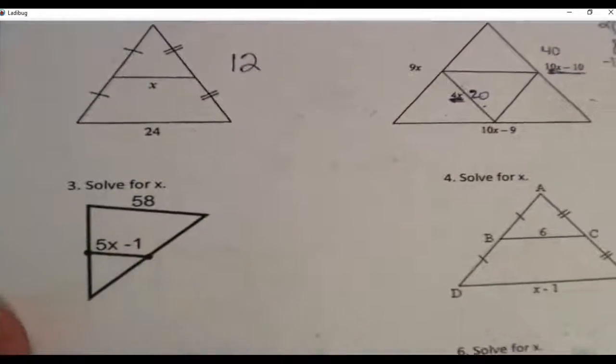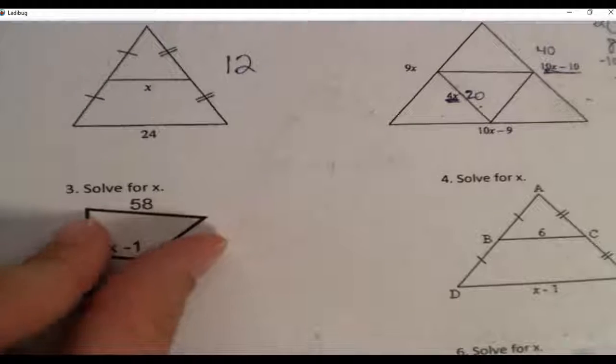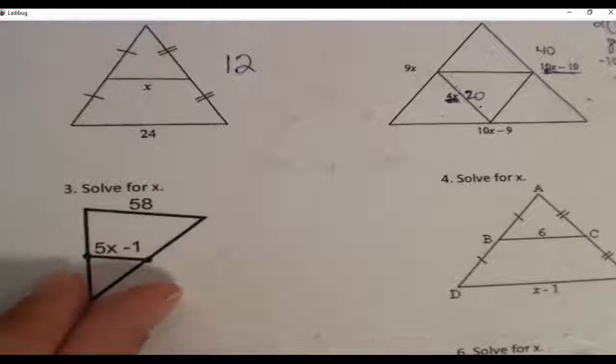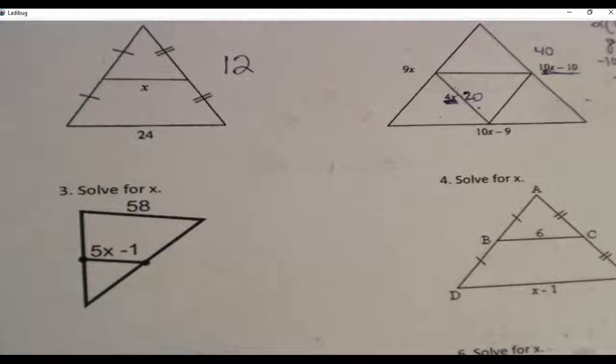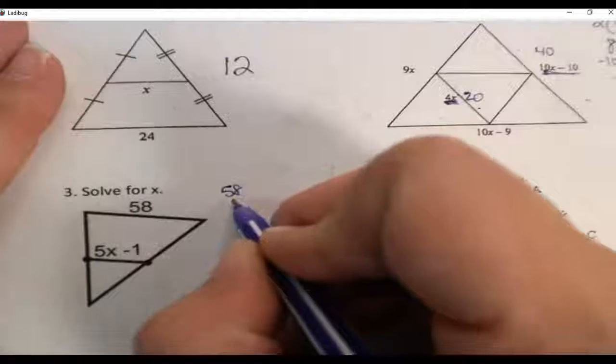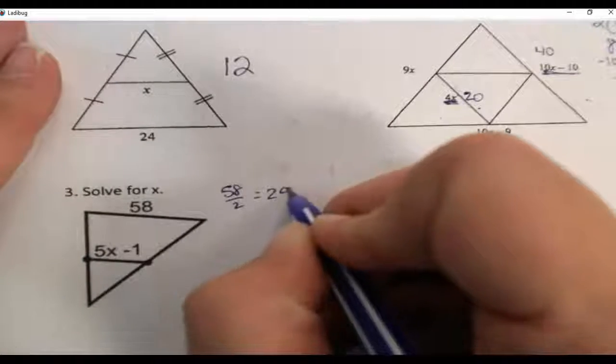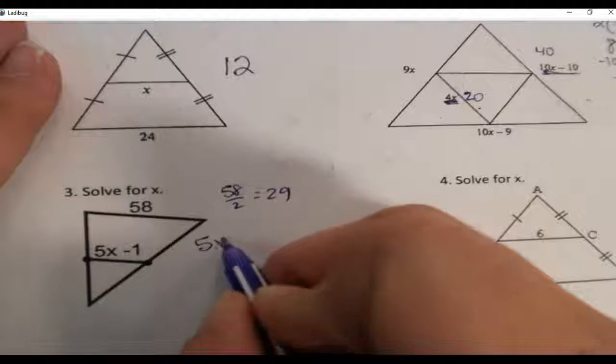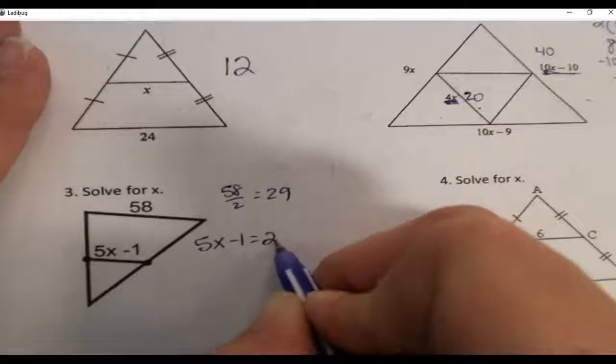So if we look at 3, I've got the entire side is 58, and then the mid-segment is 5x minus 1. So if the mid-segment is half of this side, what is the mid-segment going to equal? 29. So we just do 58 divided by 2. So then we can say 5x minus 1 equals 29.